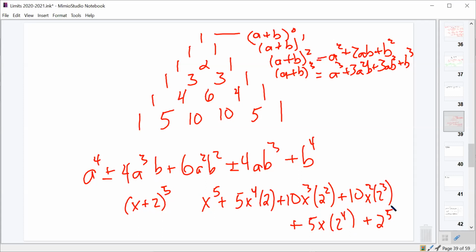You should be able to expand out any binomial to a power using the rows in Pascal's triangle. Does that look familiar to you guys?